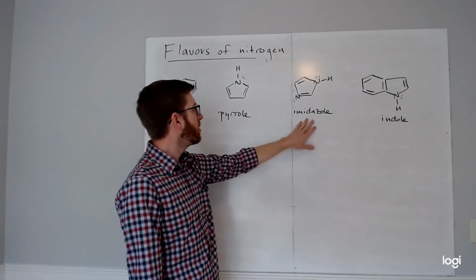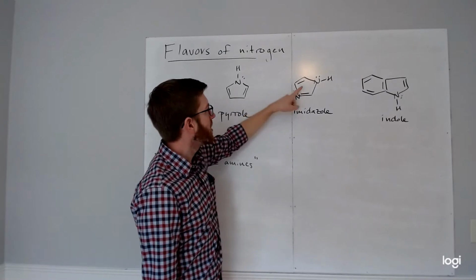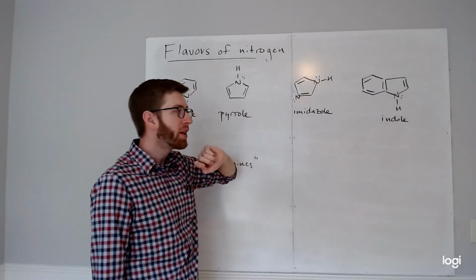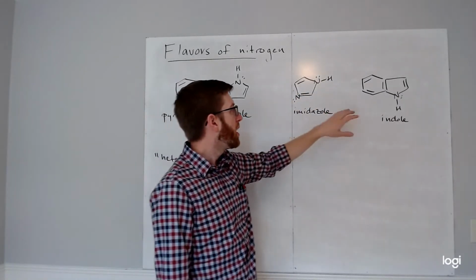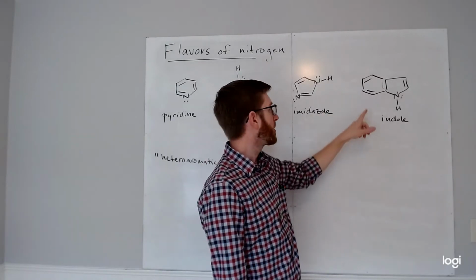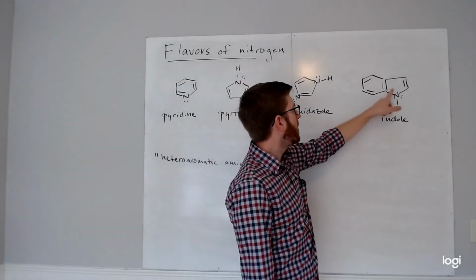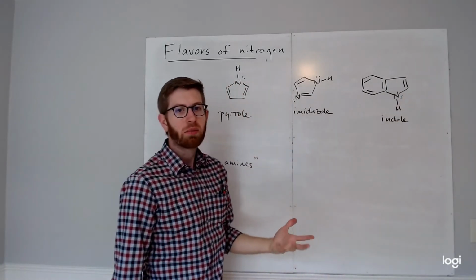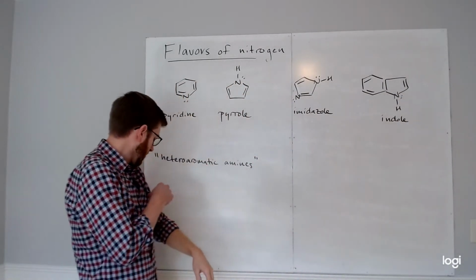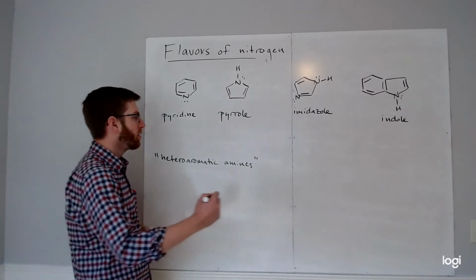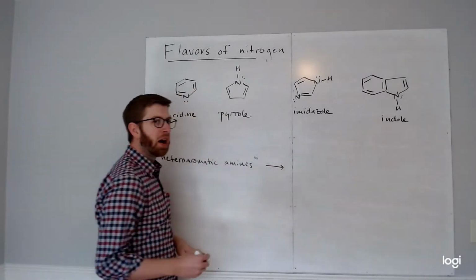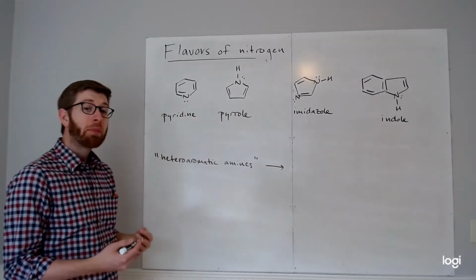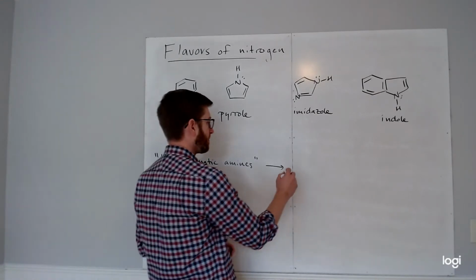In imidazole, there's 2 double bonds, and then again the lone pair on one of the nitrogens is part of the aromatic system. In an indole, we have 2 different aromatic rings, like a benzene ring like we're used to, and then a double bond, another double bond, and a lone pair. All of that goes up to make an aromatic system. So a working definition for a heteroaromatic amine would be a nitrogen that is part of an aromatic ring.